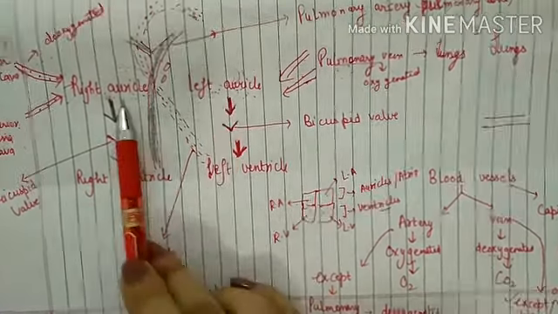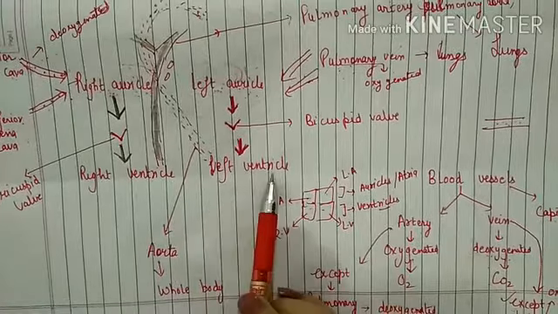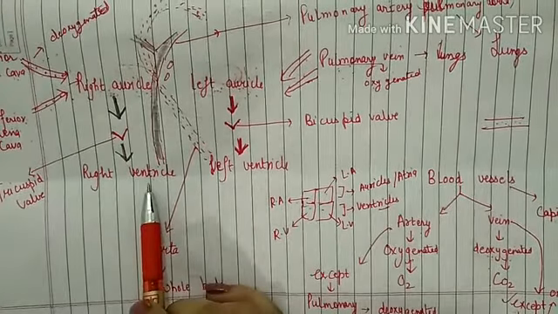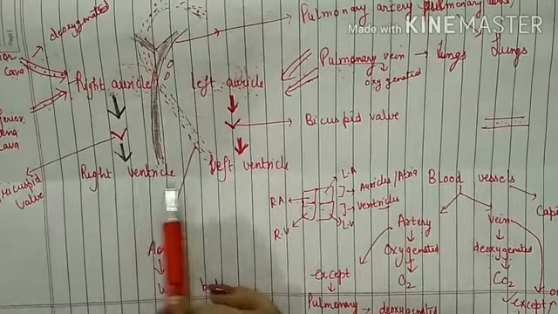Now if we consider ventricles, first of all we will study the right ventricle. The right ventricle and the left ventricle will receive the blood from the right auricle and left auricle respectively.